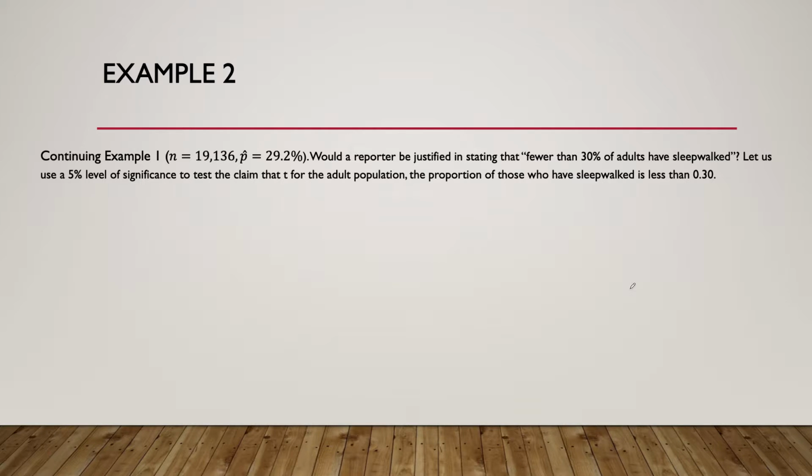Let us use a 5% level of significance to test the claim that, for the adult population, the proportion of those who have sleepwalked is less than 0.30. So, for this, we had a simple random sample, as we just said on the last slide.